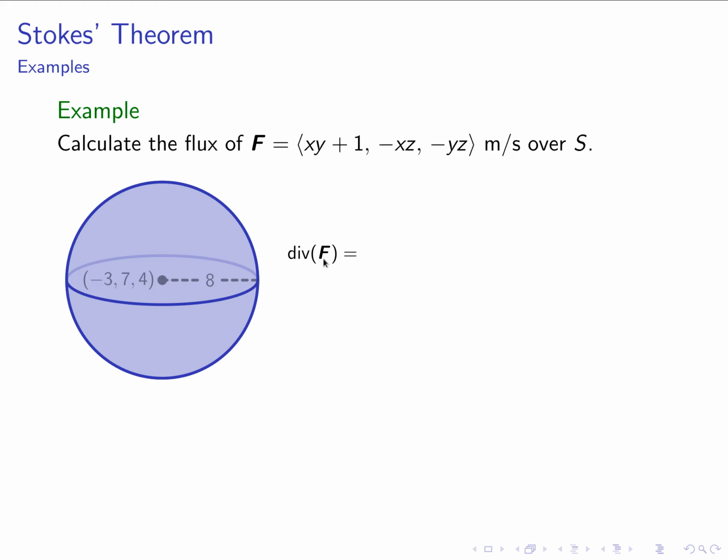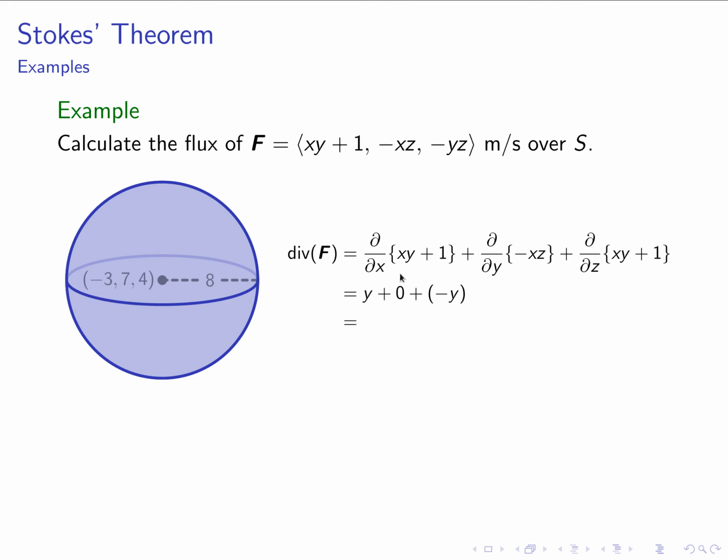The operator exact sequence tells us that if we take the divergence of a vector field and we get the number 0, that means that our vector field is the curl of another vector field. So here, when we take the divergence, we're looking at the partial of the first coordinate with respect to x, plus the partial of the second coordinate with respect to y, plus the partial of the third coordinate with respect to z.